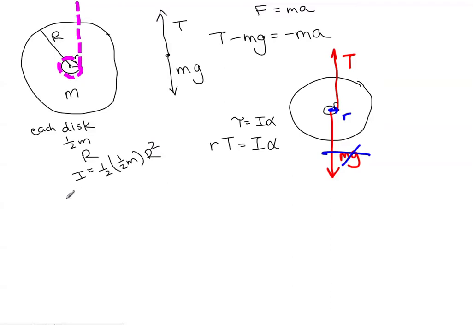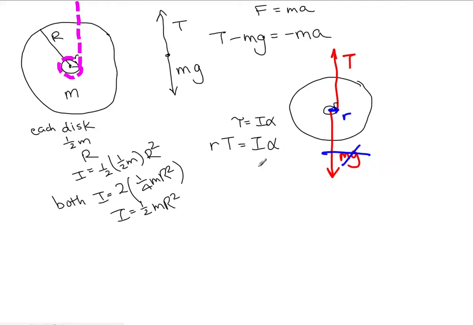But there's two of them. So both of the discs together are going to have a moment of inertia of 2 times 1/4 mR squared, or a total of 1/2 mR squared, which is not that surprising.